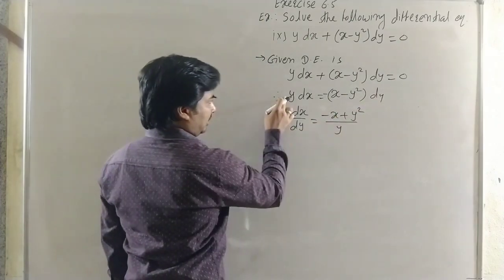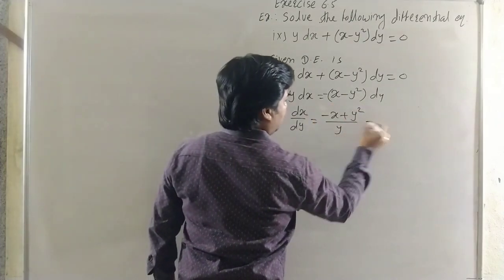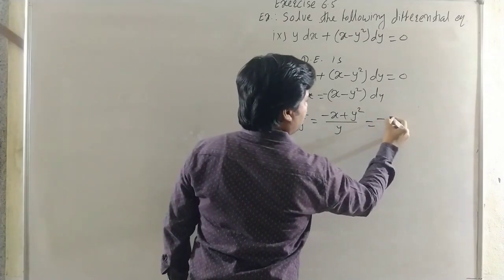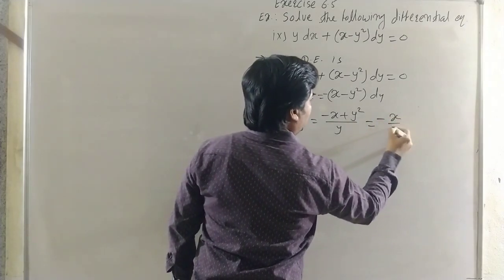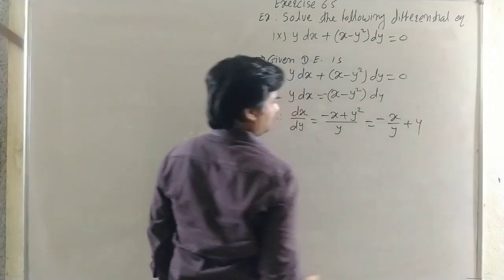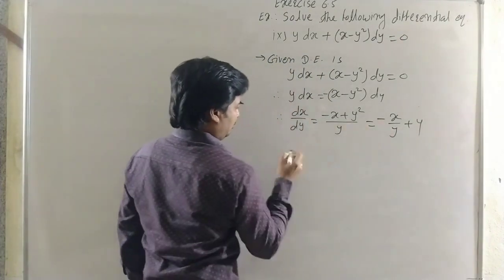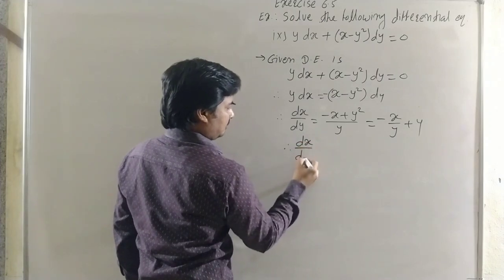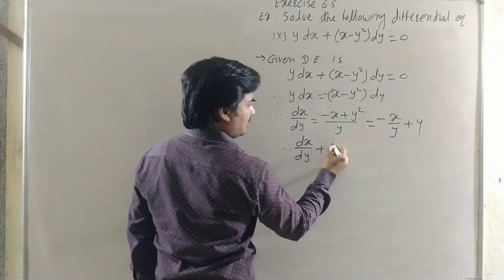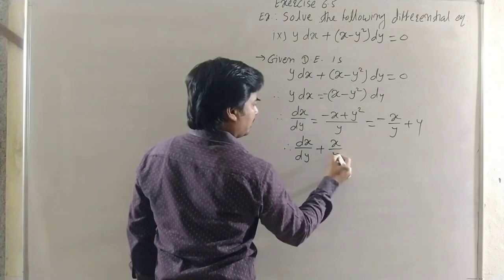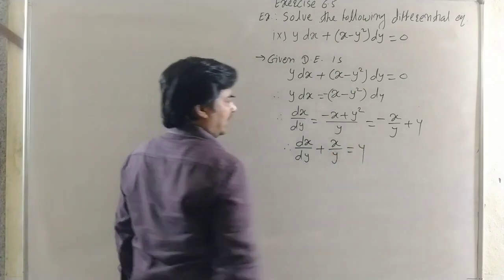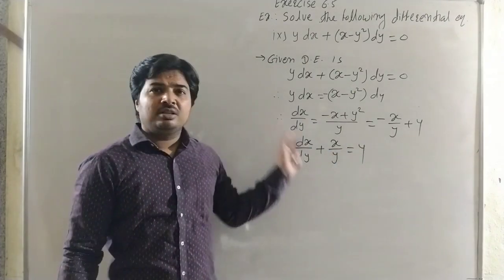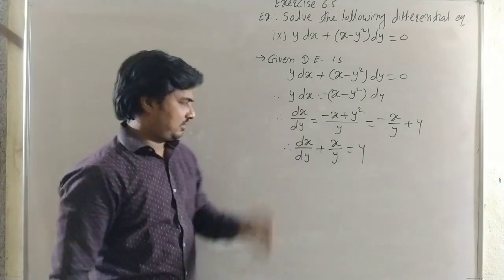So we can write it as minus x by y plus y. dx by dy is equal to this. So we can write dx by dy plus x by y is equal to y, and now it is a linear differential equation in x.